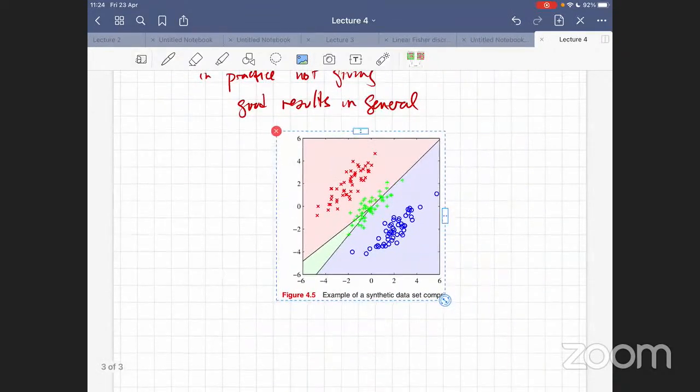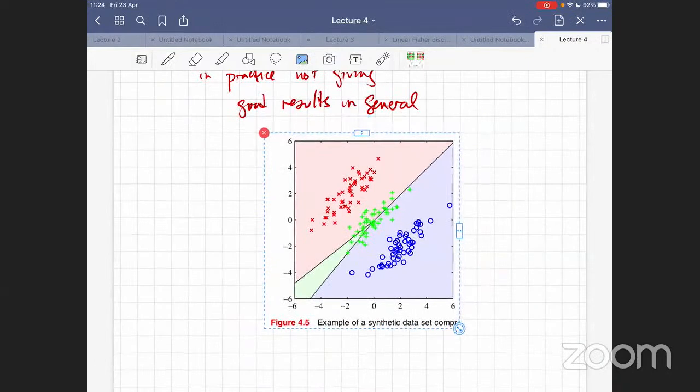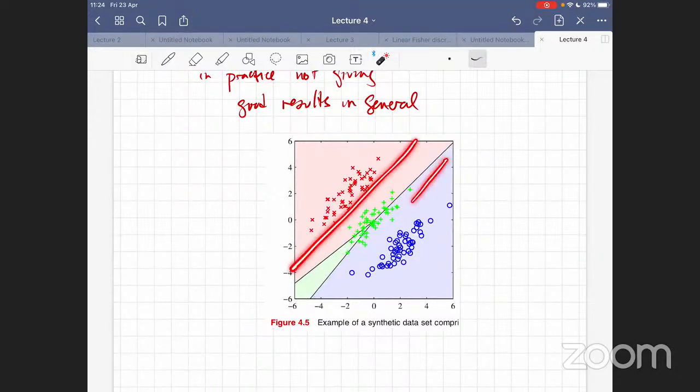This is an image from the book of Bishop, showing how, by doing this exercise with 3 classes in a two-dimensional input space, even though the exercise may be straightforward because the 3 classes are linearly separable, with a better model you may obtain decision boundaries like this and this.